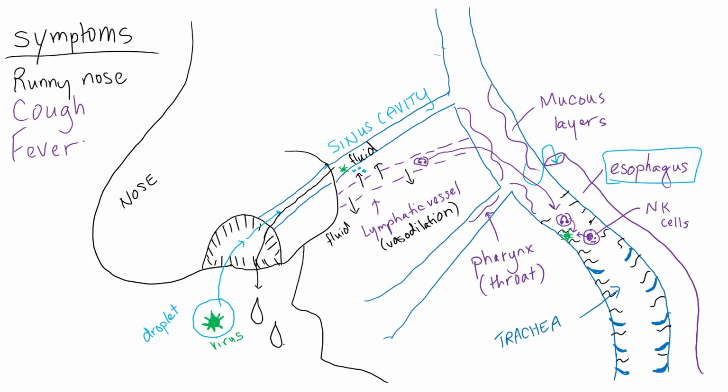So that means that cytokine response is escalating, and that message is being sent to the brain: hey, we're under attack, and the brain raises body temperature in response. So that's all part of the second line of defense. And now you understand where those symptoms come from.